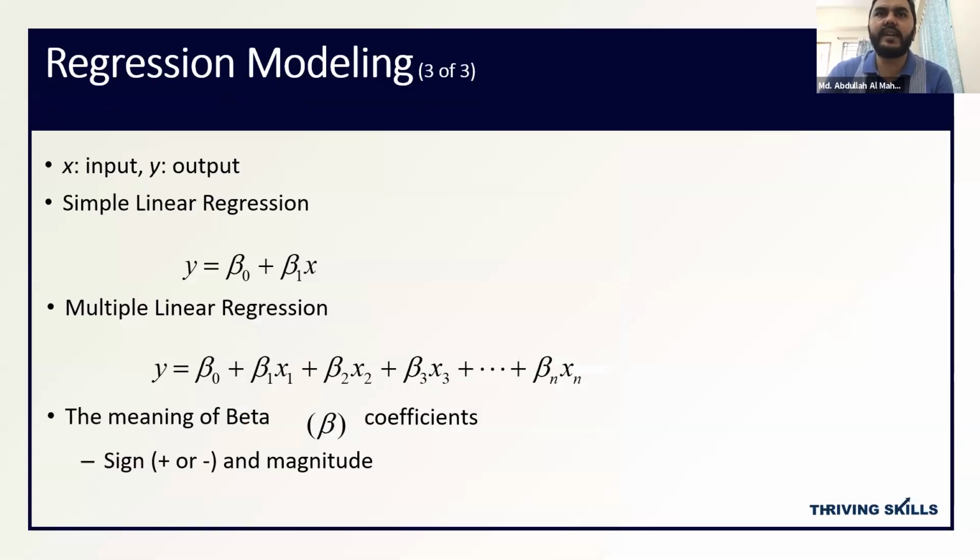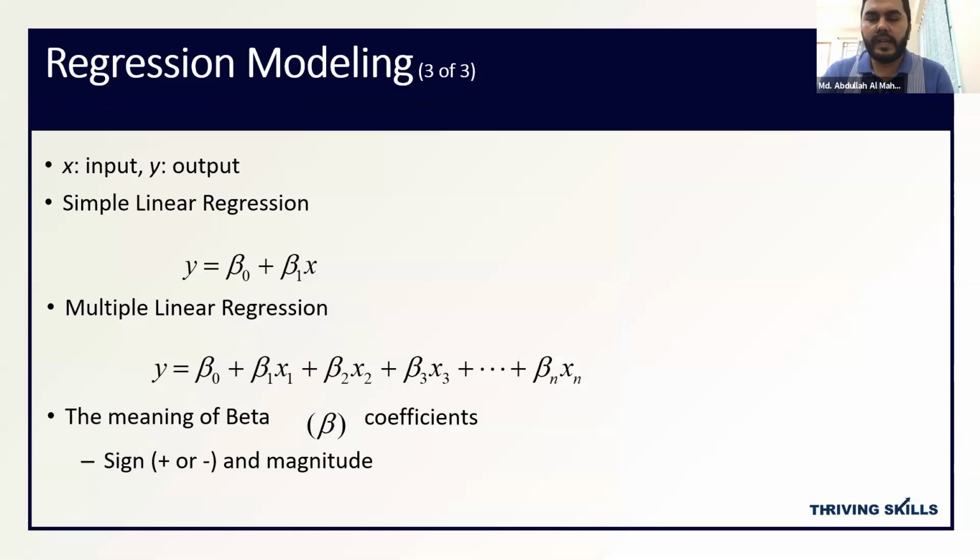As I said, here you see the simple linear regression equation, y equals beta 0 plus beta 1x. This is the same as y equals c plus mx. So beta 0 is our constant. I can give you one simple example: the organizational cost.